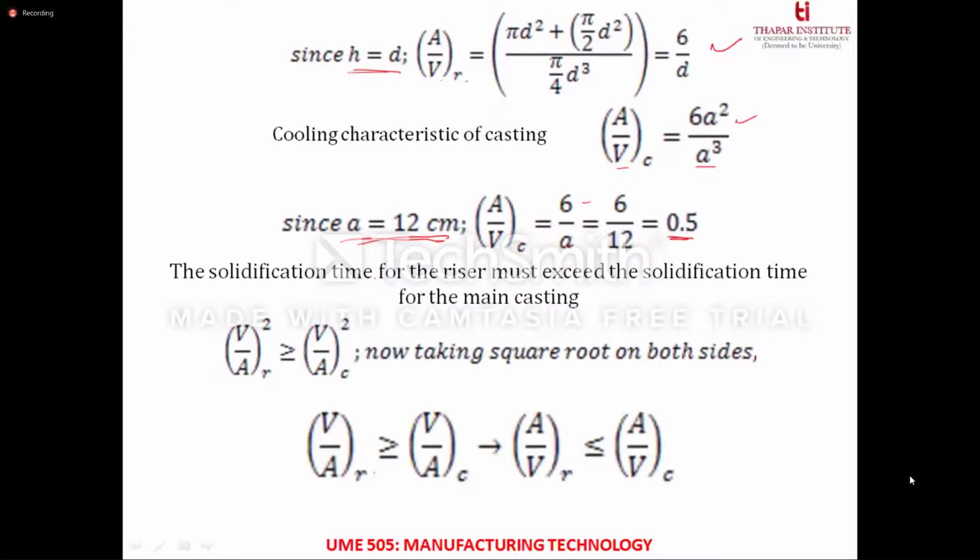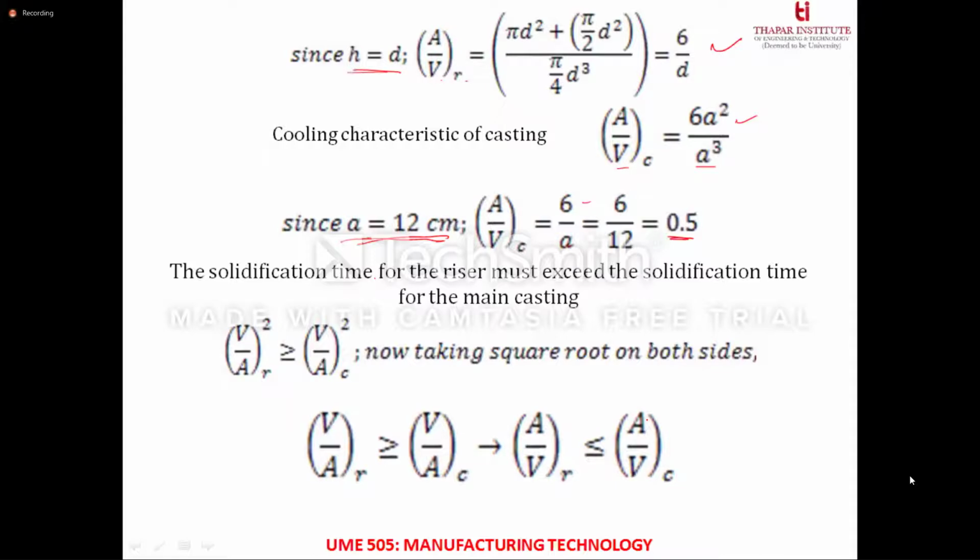Now if I invert this, because I need to find A by V and I have got V by A, what I find is that A by V of the riser, that is the cooling characteristic of the riser, will be less than the cooling characteristic of the casting. What does it mean?